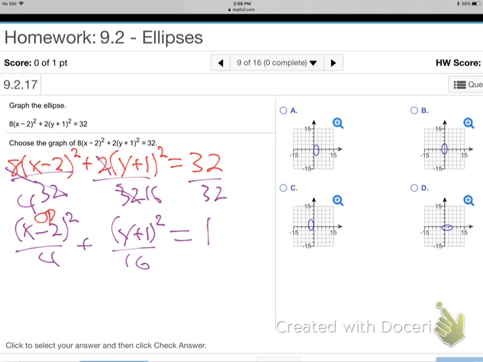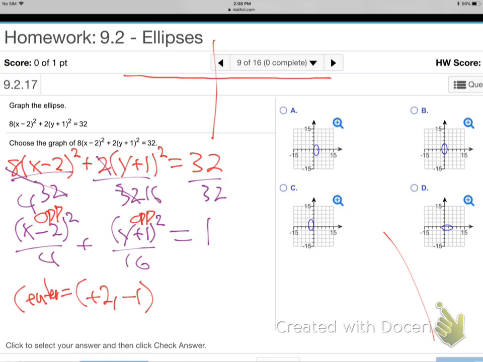Opposite, opposite. So the center is positive 2, negative 1, isn't it? So we go up here and graph. So positive 2, down 1 right there. Like that. There's the center.